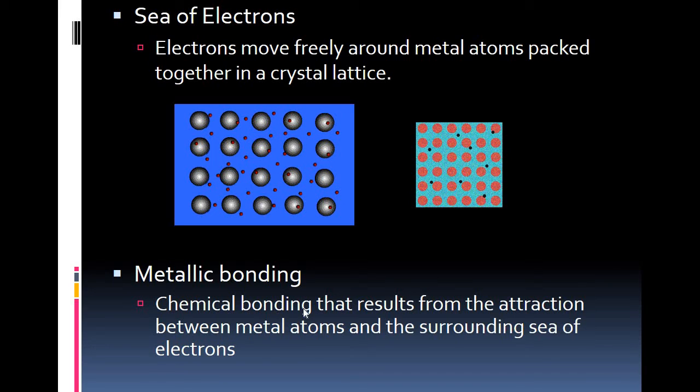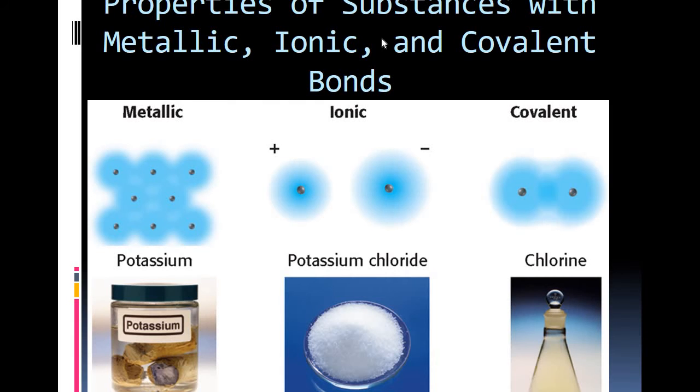All right, metallic bonding: chemical bonding that results from the attraction between metal atoms and the surrounding sea of electrons. The sea of electrons actually holds the atoms together. It makes it actually pretty strong intermolecular forces. All right, so your properties of substances, you have your metallic, ionic, and covalent. Covalent, these sharing of electrons, most of these are pretty weak intermolecular forces. That's why you have gases.